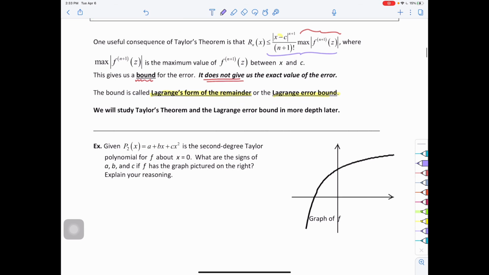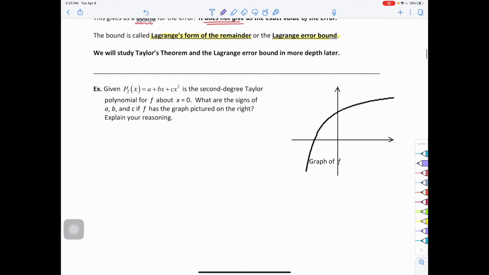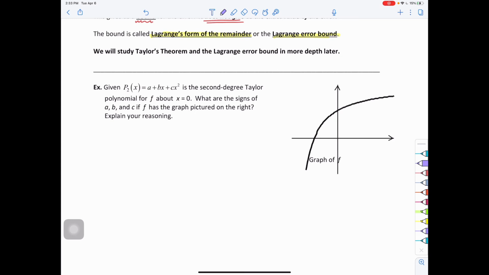So let's go ahead and just take a peek at this. Given P2 of x, so that's a polynomial approximation. It's a second degree Taylor polynomial for f about x equal to 0. So that's our center. What are the signs of A, B, and C if f has the graph pictured on the right?